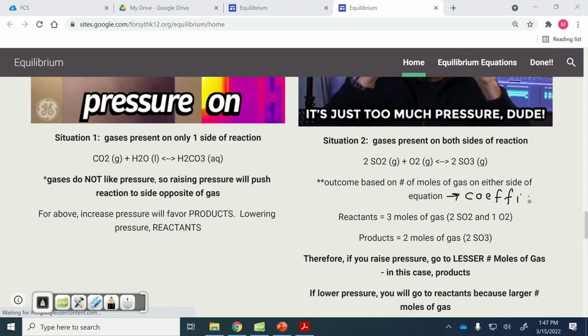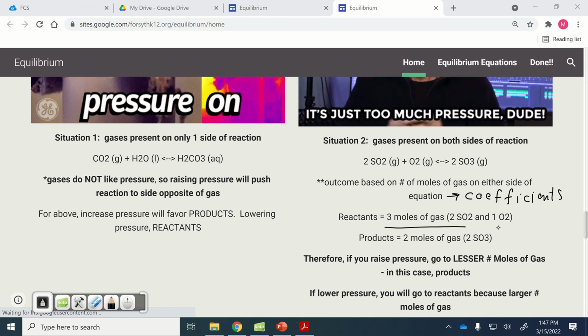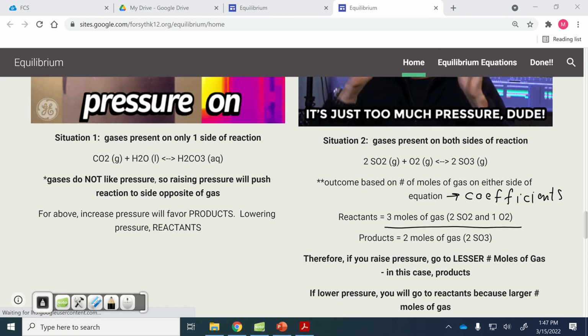Again, remember the coefficients represent moles that are reacting or being produced. So what I have in this reaction is 3 moles of gas on the reactant side and 2 moles of gas on the product side. So there's more gas on the reactant side.